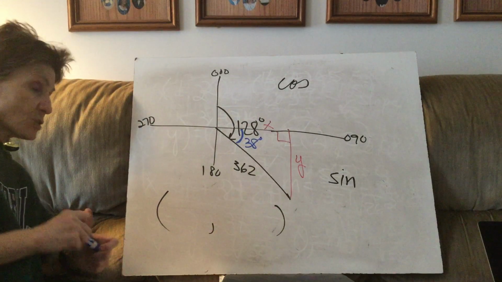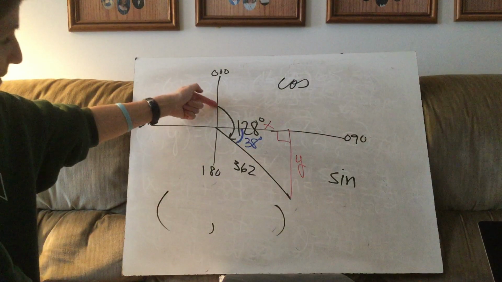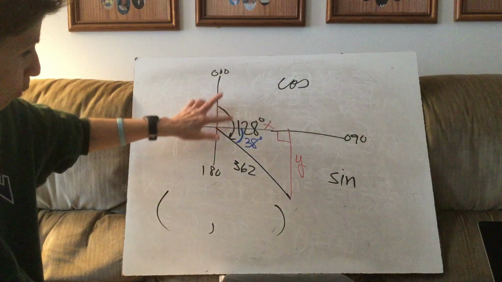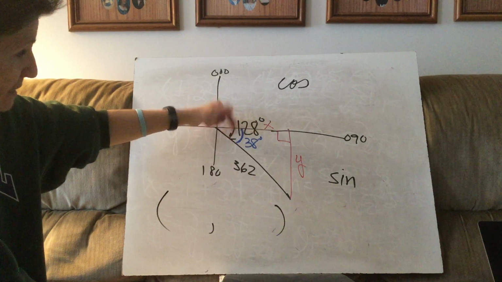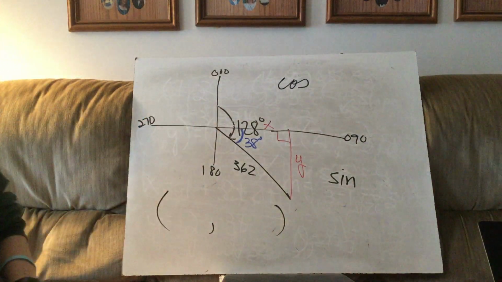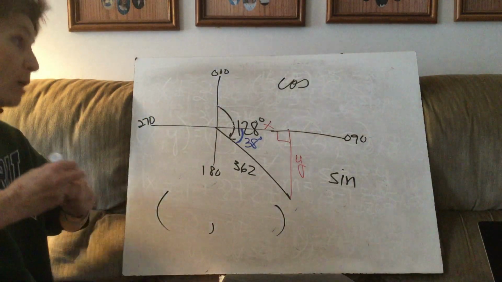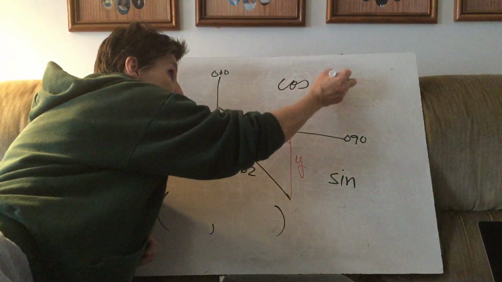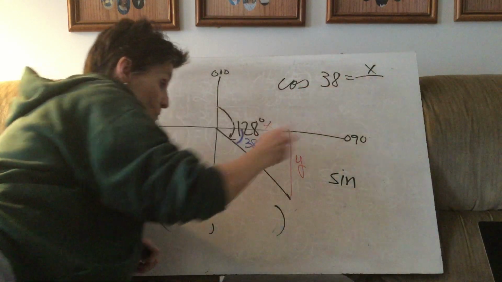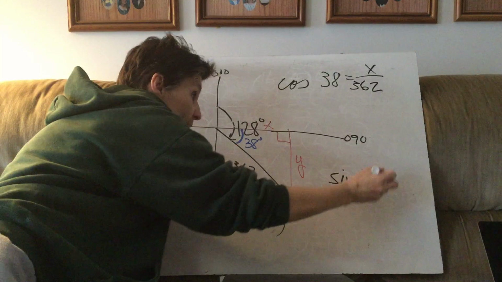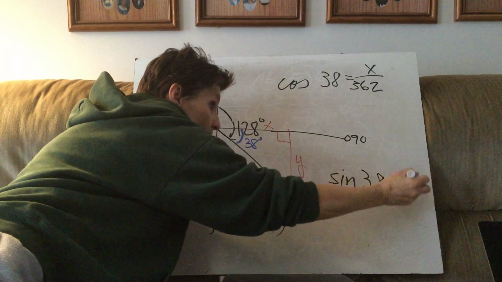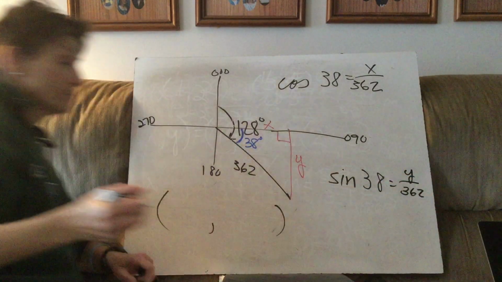That blue thing is 38 degrees because a quadrant is 90. So 90 plus 38 would give me the 128. So then I have my equations. Cosine 38 equals x over 362. And sine 38 equals y over 362.